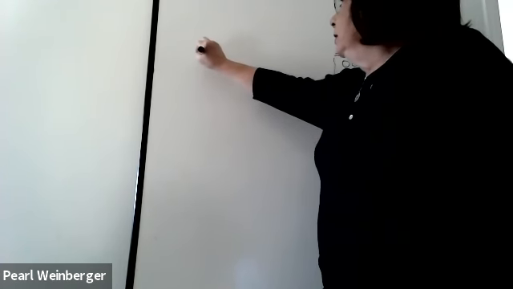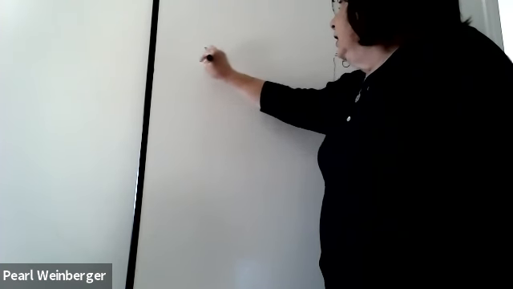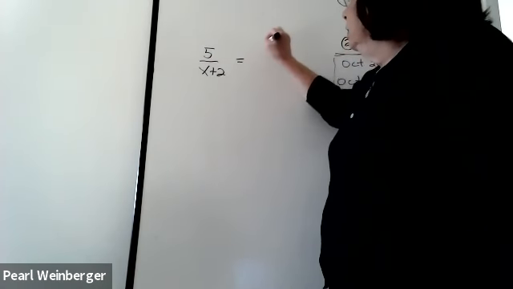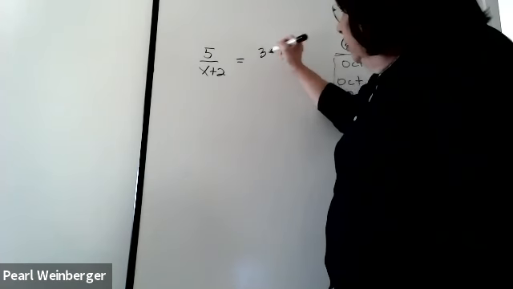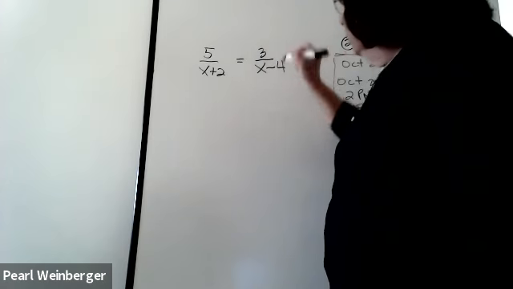Suppose I gave you something like this: 5 over x plus 2 equals 3 over x minus 4.